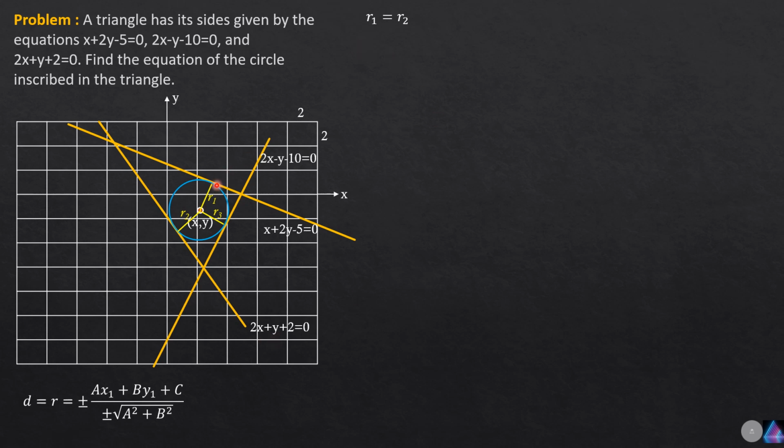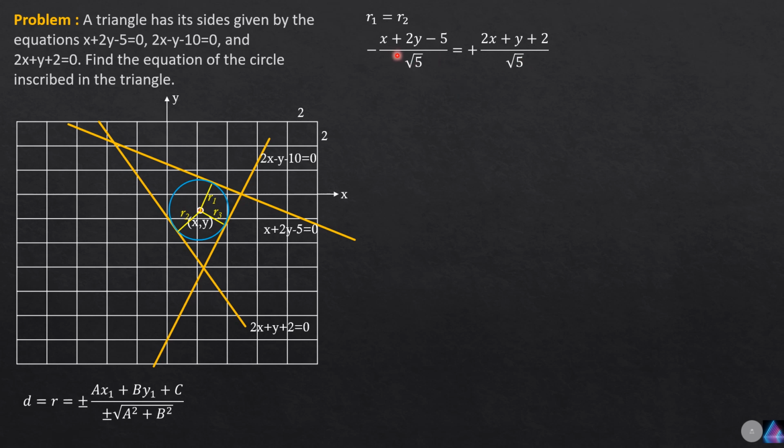So r1 is negative of quantity x plus 2y minus 5 over square root of 1 square plus 2 square, which is square root of 5. And for R2, it is positive of 2x plus y plus 2 over square root of 2 square plus 1 square, also square root of 5, and the sign is positive because the coefficient b of y is positive. So we can cancel the square root of 5.